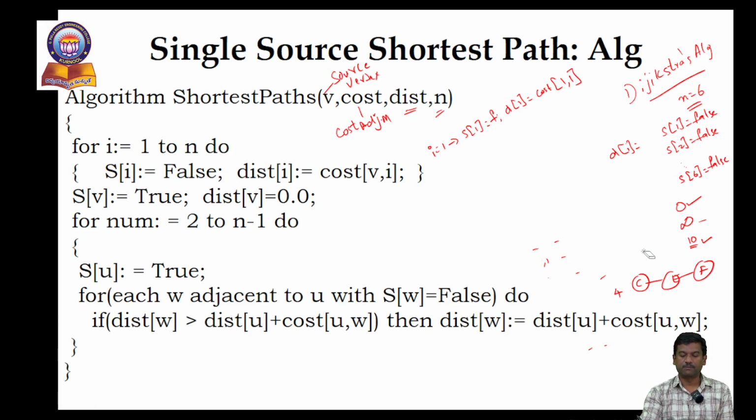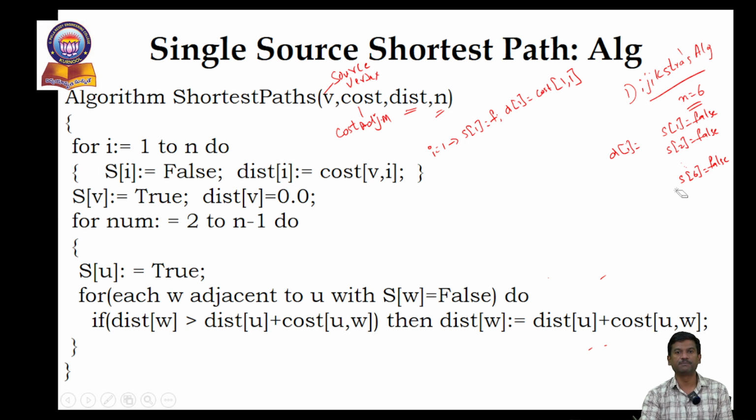So according to this algorithm, s of 1 equal to false, s of 2 equal to false, up to s of 6 for however many vertices are present, all are set to false. And the next one, distance of i equal to cost of v comma i.